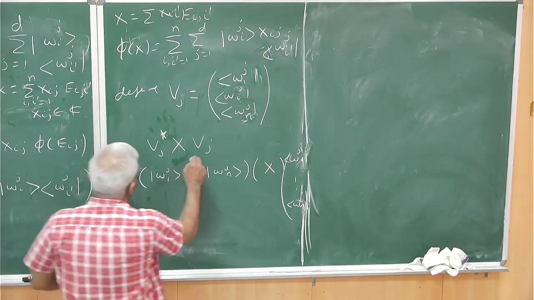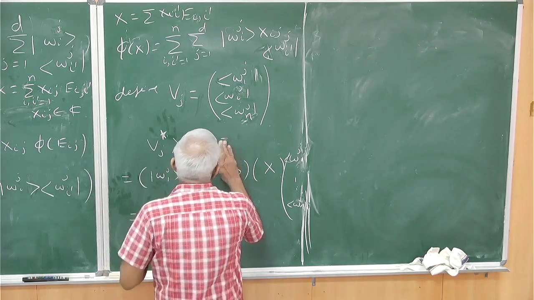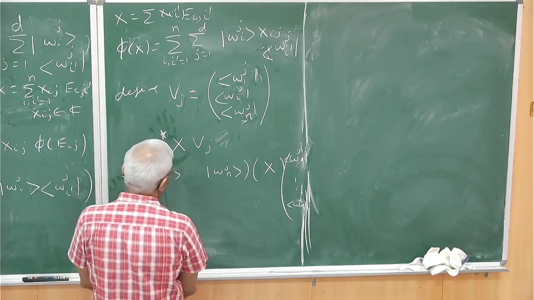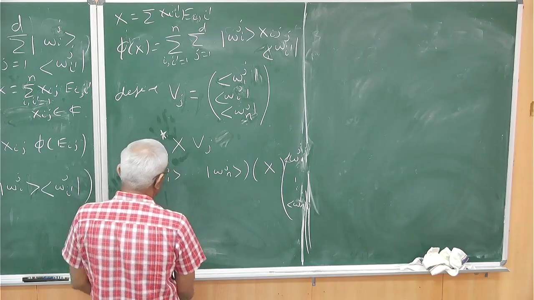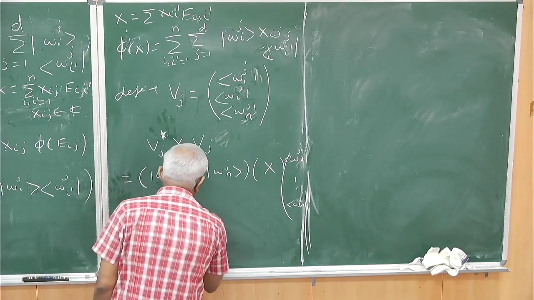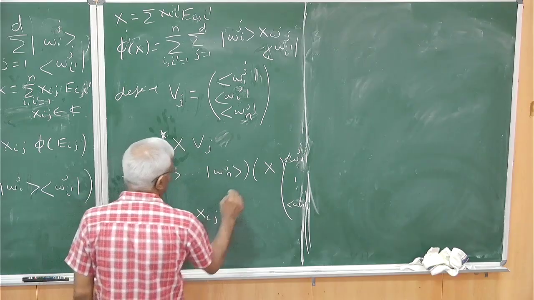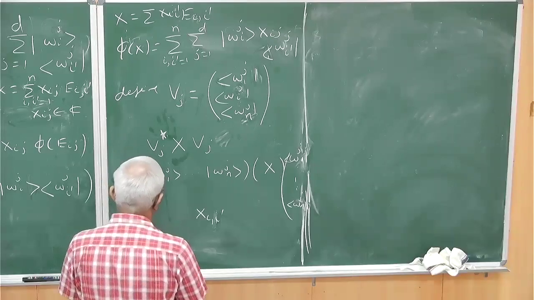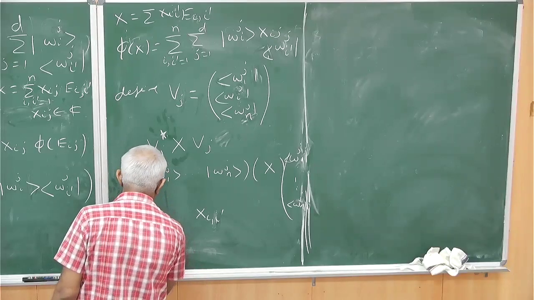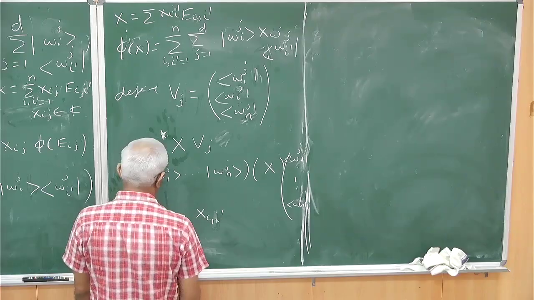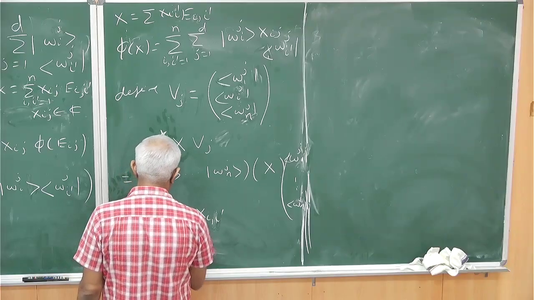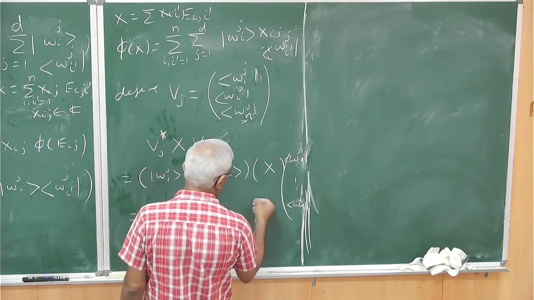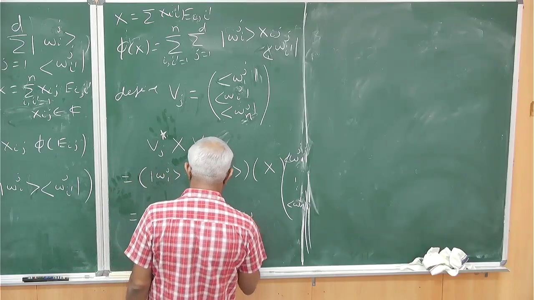Now this is equal to the summation. So this is just, we have x here. I just claim this is just x_ij, x_i'i prime, summation over i prime, omega ji, and then here it is the other way, omega j.